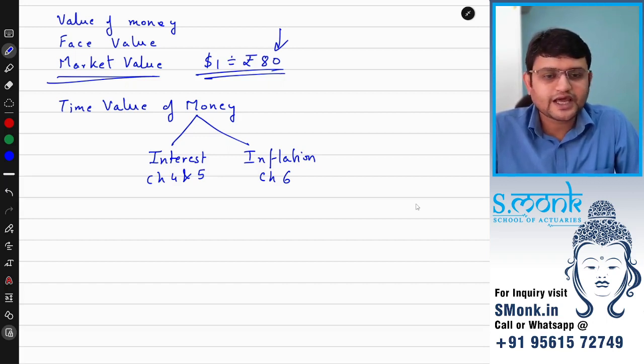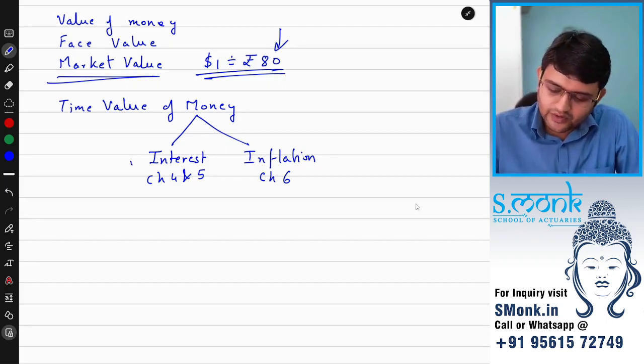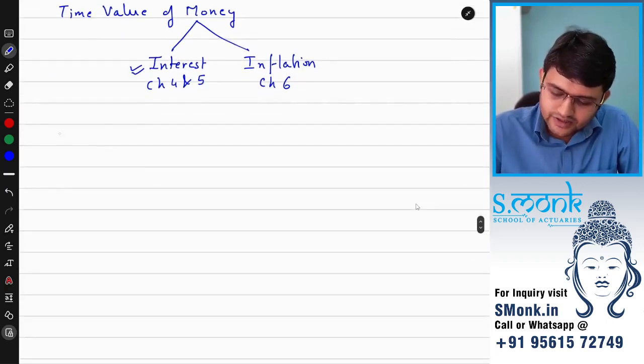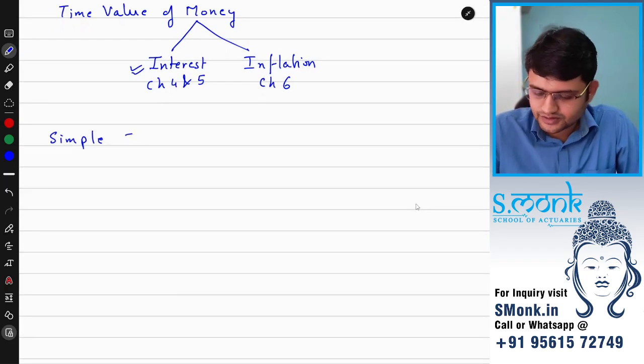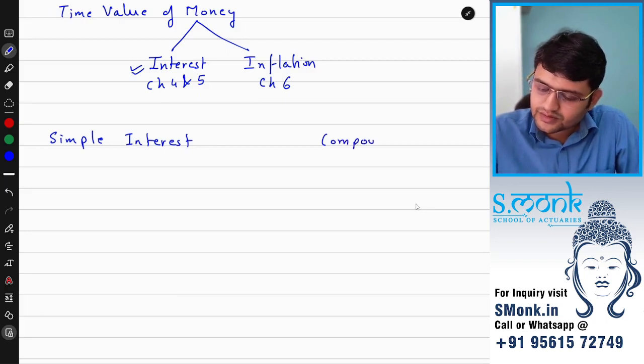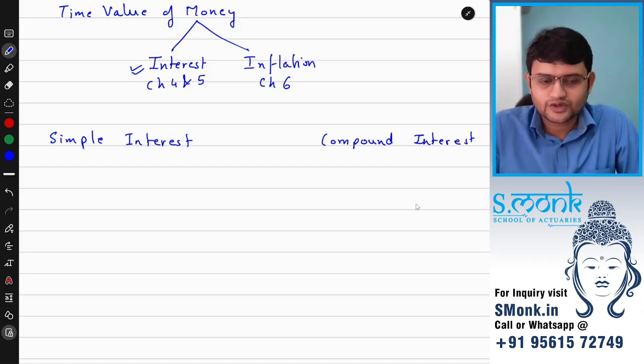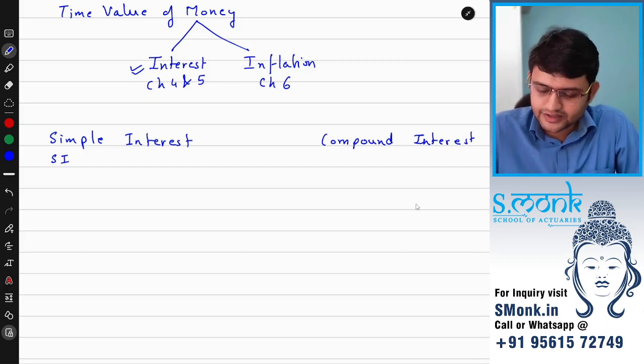So we are saying time value of money. In this chapter we are worried about interest. Now I think everybody has learned simple interest and compound interest. Right? Now if I say simple interest, SI is simple interest.